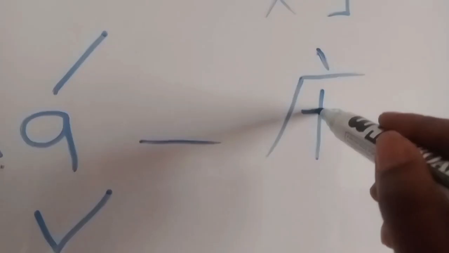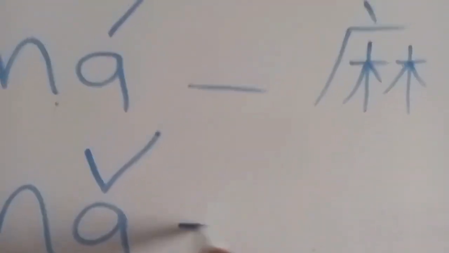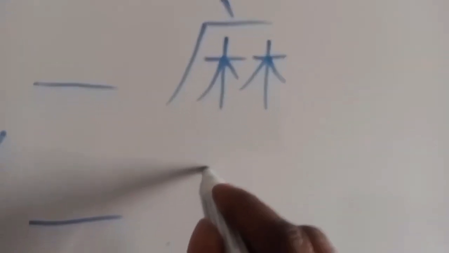This is actually weed, like hemp. And this is the character for it. Now this is ma. Ma is horse. And this is the character for horse.